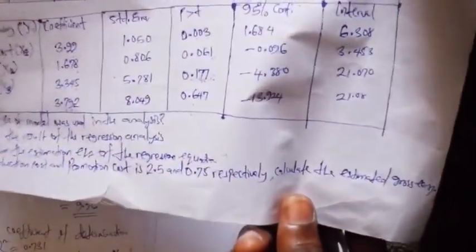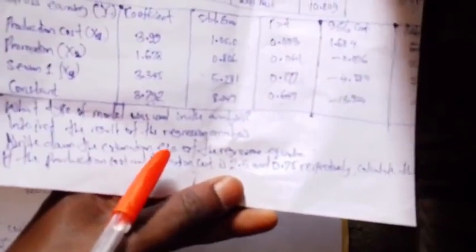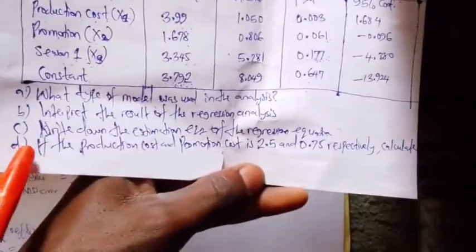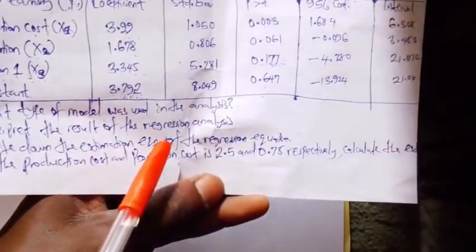Now the next is question C. Write down the estimation equation of the regression equation.